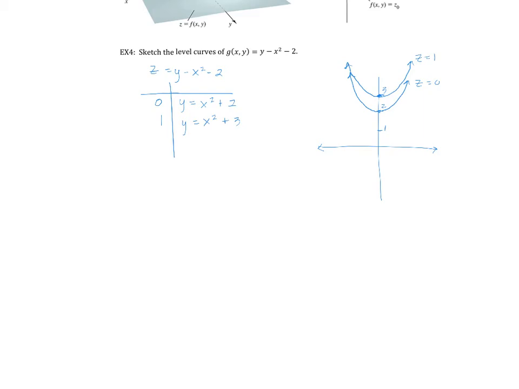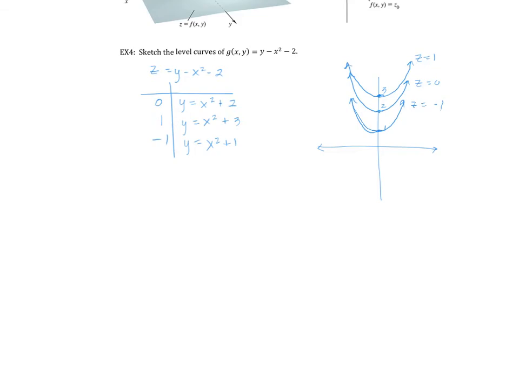So let me look at what happens if z is negative 1. If z is negative 1, y is equal to x squared plus 1. And I can see that, oh, that was a sad parabola, sorry. I can see that this is a parabola that's still opening up.